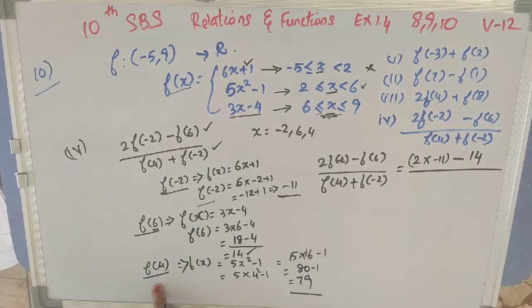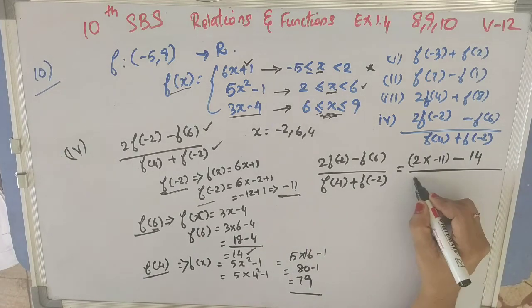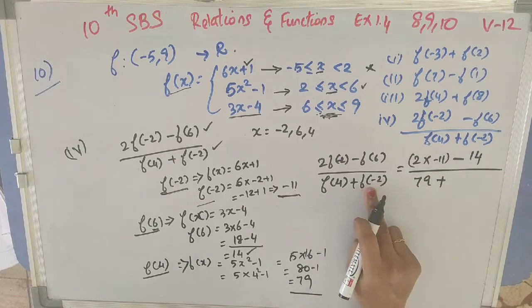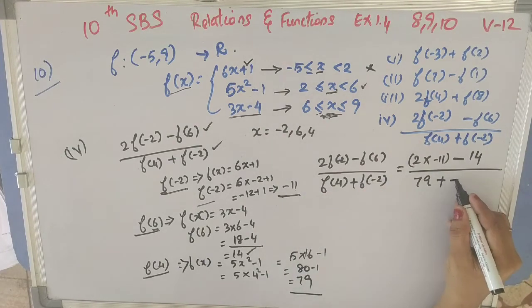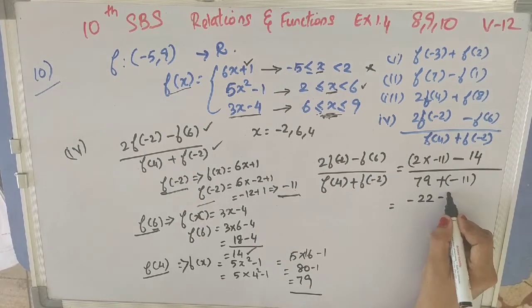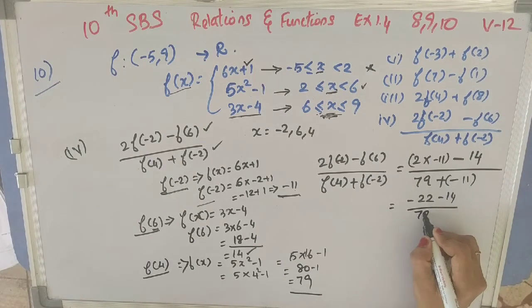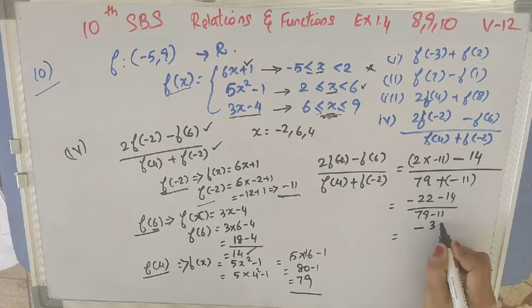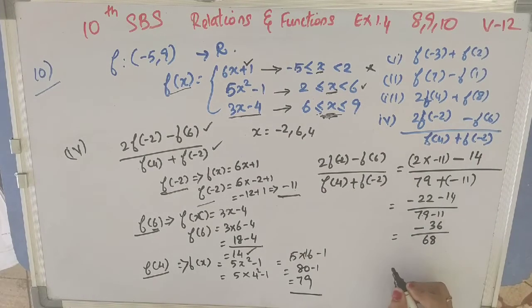It is 79, isn't it? We have found f of 4 is equal to 79. Plus what is f of minus 2? Minus 11. Okay. So 2 into minus 11 is minus 22, minus 14, over 79 minus 11, which is equal to minus 36 divided by 68.